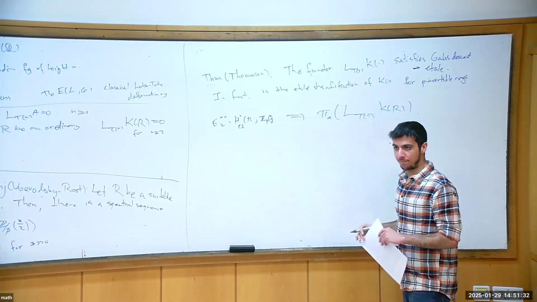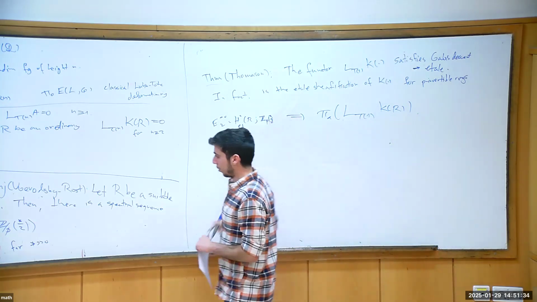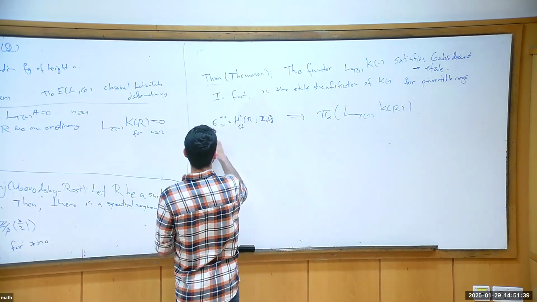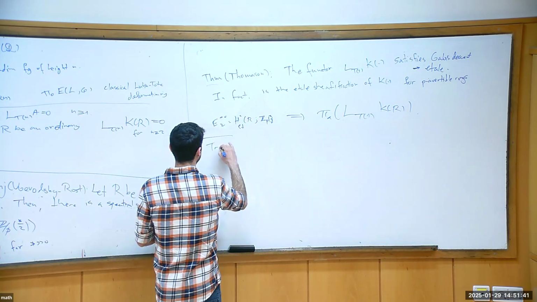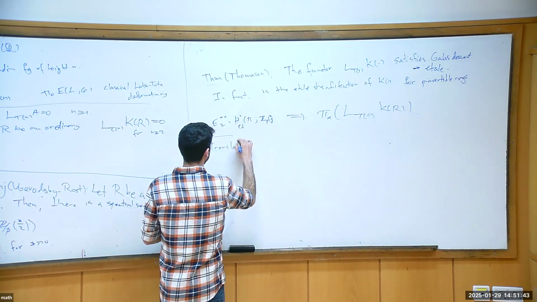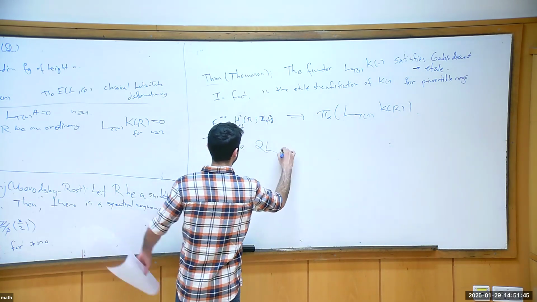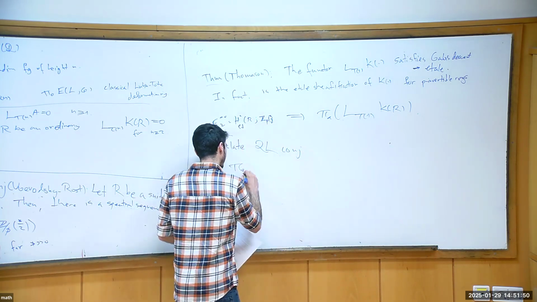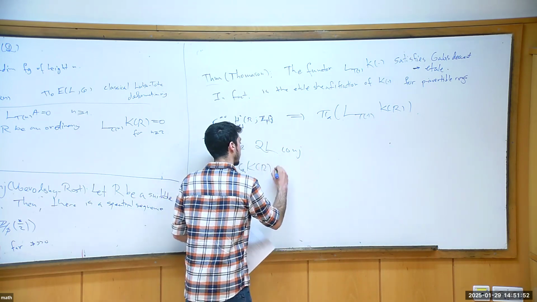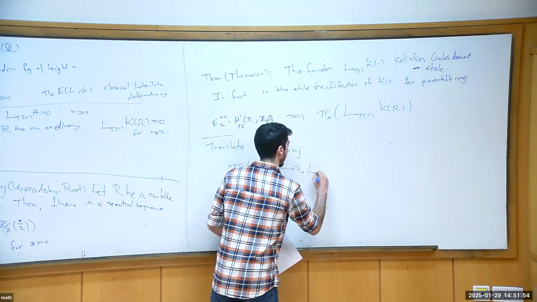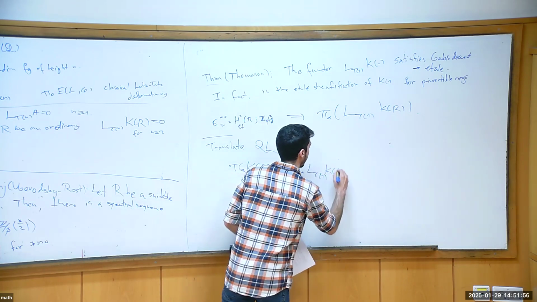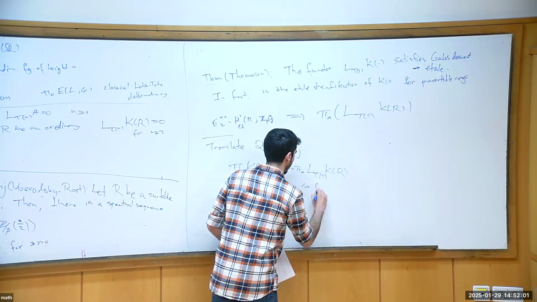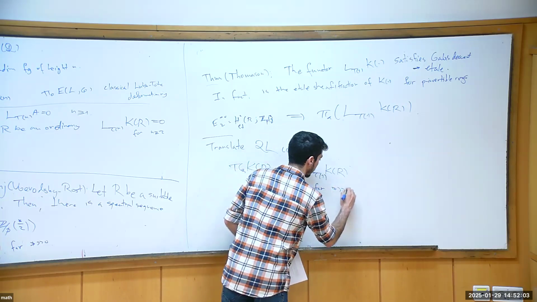Okay? So if you know this, and you don't know this one yet, this tells you that you can translate the Quillen-Lichtenbaum conjecture to the statement that the map from pi star of K of R to pi star of LT1 of K of R is an iso for star large enough.